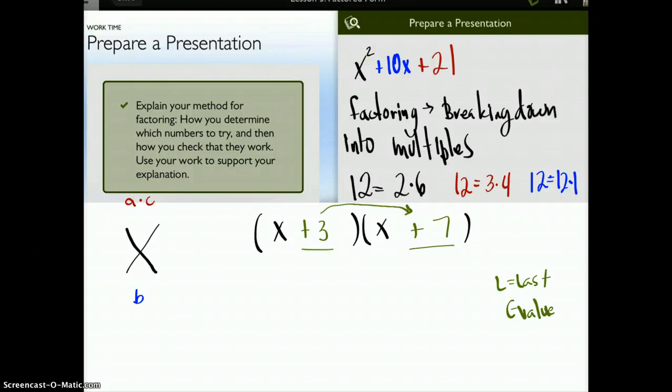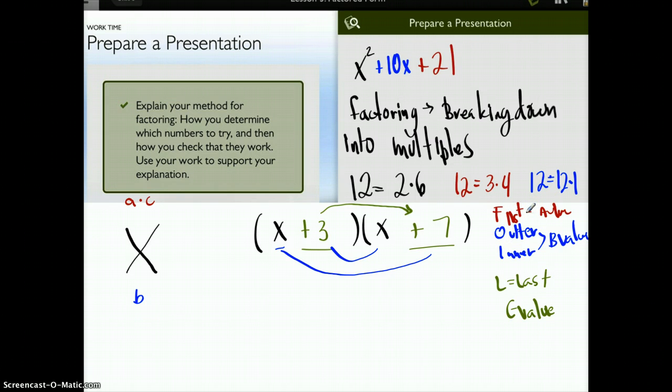Our B value, this one in the middle, is actually the two middle terms, outer and inner. Outer and inner represent our B value. So this is going to represent this bottom portion down here. And then the first one, for first, is going to represent our A value. That's this one, x times x.